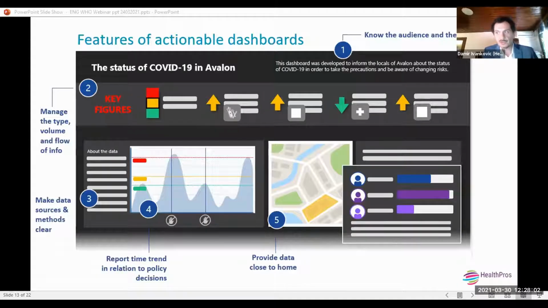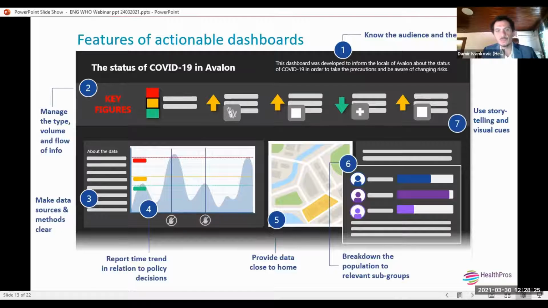The sixth feature is a breakdown of data to population relevant subgroups, which I've mentioned in the breakdown results, where we saw that mostly when it was available, it was on age and sex, and less so for other population characteristics. And the final feature that we identified was the use of storytelling and visual cues.